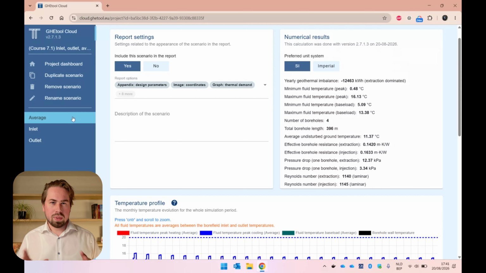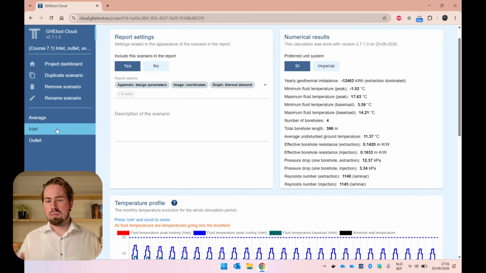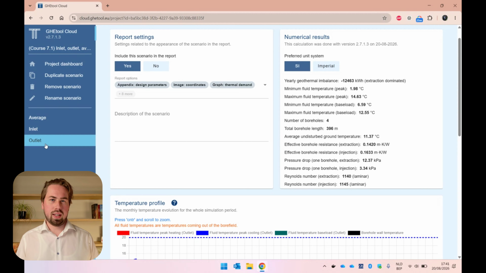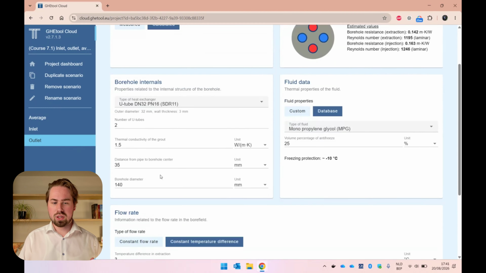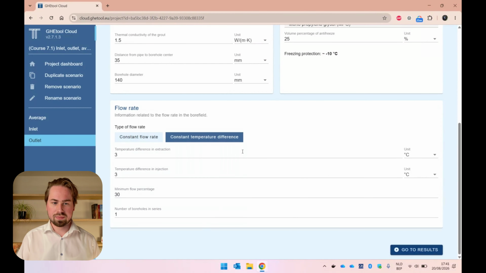Now, before we wrap this up, I want to draw your attention to one very specific detail. Namely, we see that the average is 0.48, the inlet was minus 1.02, and the outlet was 1.98. This means that the difference between the inlet and the outlet temperature is exactly 3 degrees Celsius, the same temperature difference we explicitly set here.